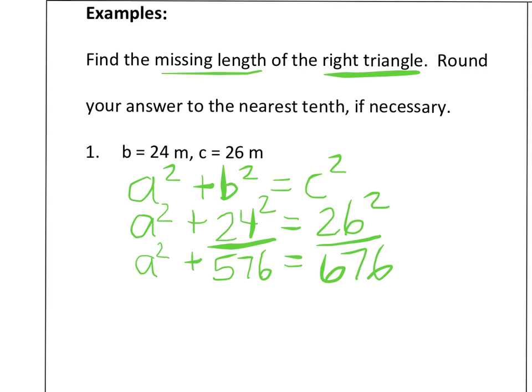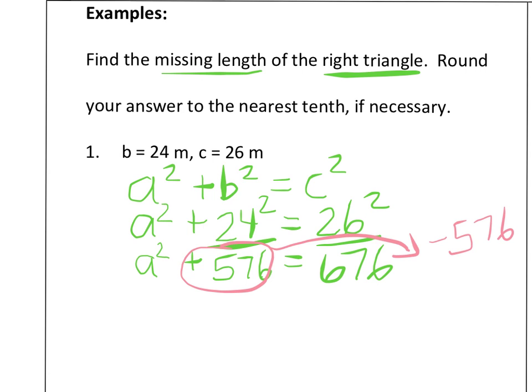And now, at this point, I can't do anything else, so I need to start doing opposite operations to solve the equation for A. So I'm going to, at this point, move my like terms together. I'm going to move 576 with 676 because those are alike. And remember, when I move them, I need to make this plus 576 turn into minus 576.